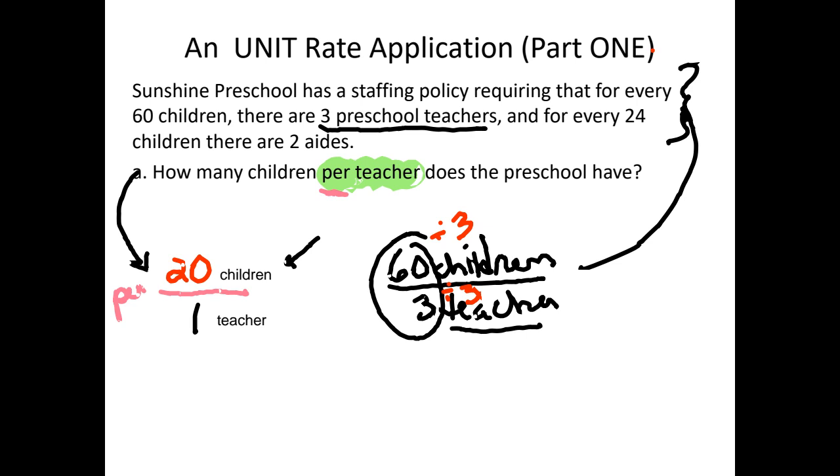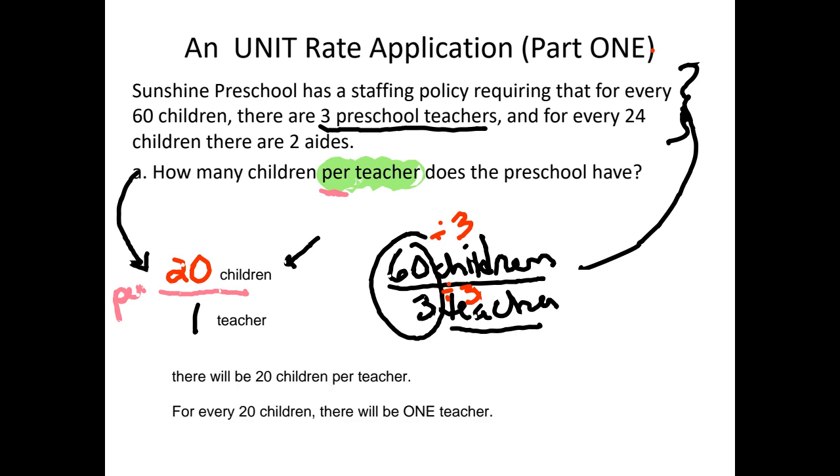Or I can say, for every 20 children, there will be one teacher. That is what the translation of this fraction represents. This fraction represents these translations. This comes from the story.